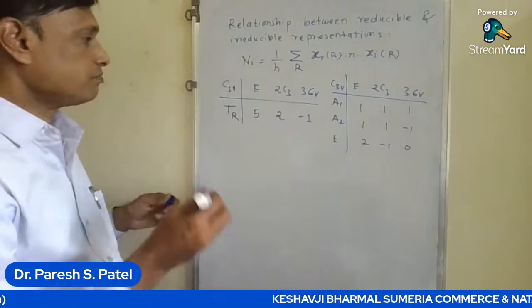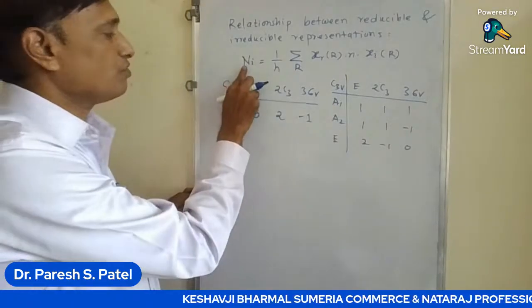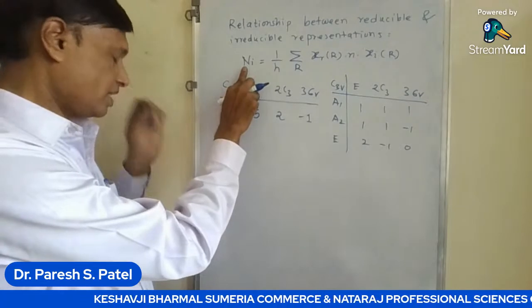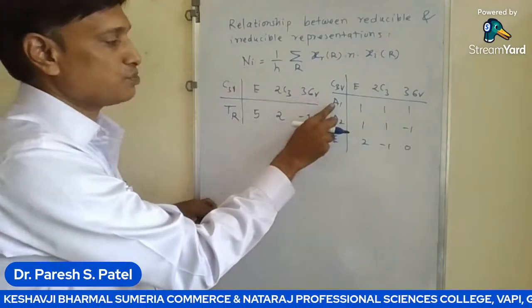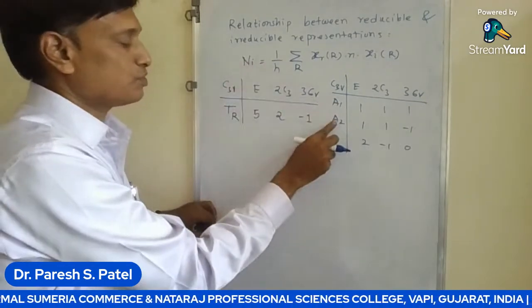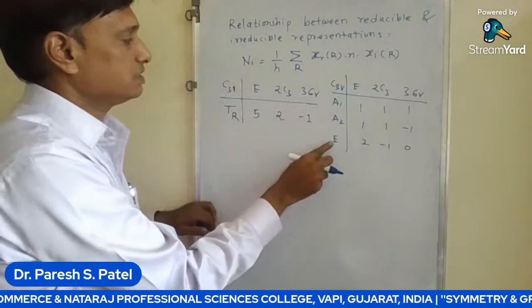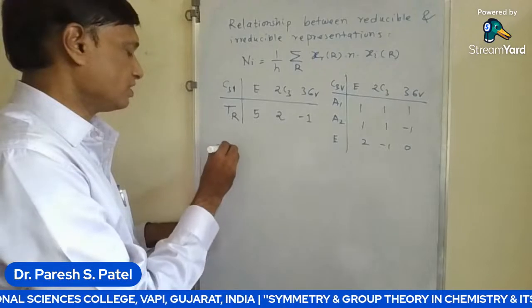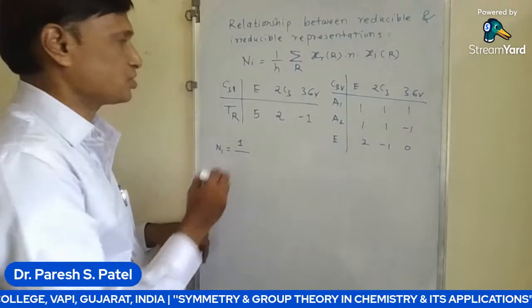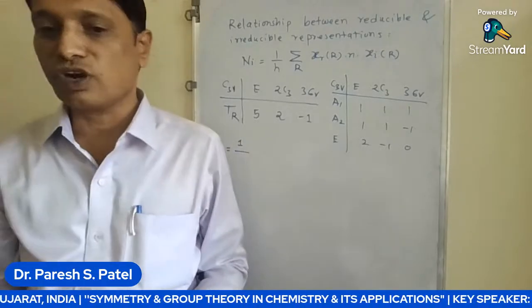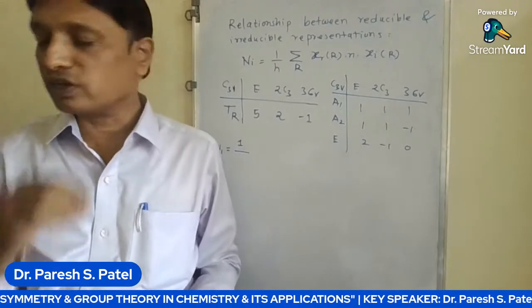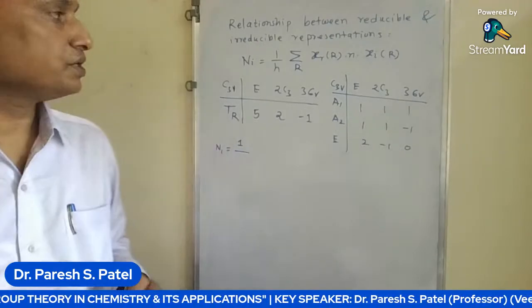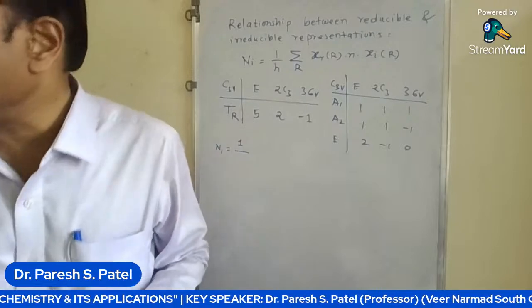Now, first of all, we have to find the values for n1, n2, and n3. n1 corresponds to A1, n2 corresponds to A2, and n3 corresponds to E. So first of all, n1 is equal to 1 upon h. h represents the order of a group, which is equal to the number of symmetry elements present in a molecule.